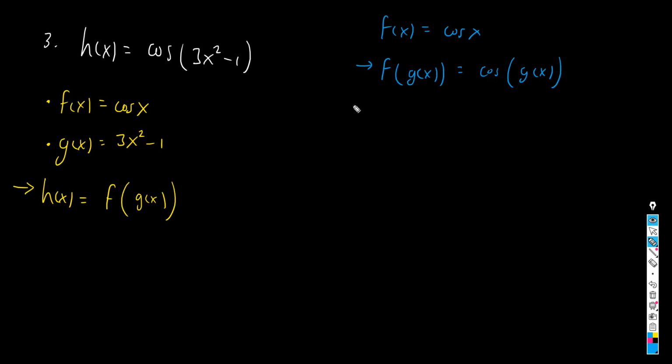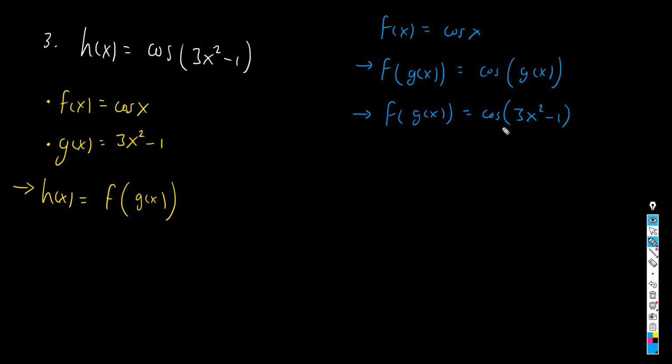I'm going to go very little by little. And that means that f evaluated in g of x is going to be equal to the cosine of g of x, which is all of this, 3x squared minus 1. So f of g of x is equal to cosine of 3x squared minus 1.